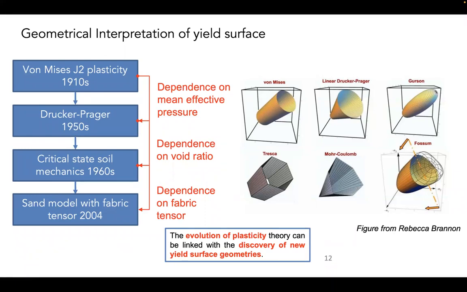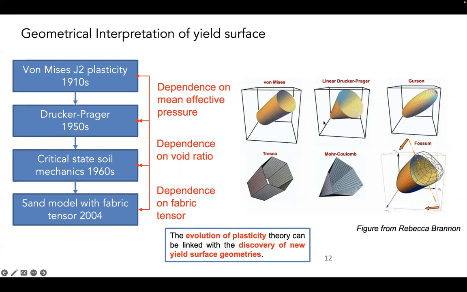And that circle doesn't change its radius. What that physically means is that von Mises is independent of the pressure. As I move along the 1, 1, 1 axis, I simultaneously increase the same amount of pressure, or principal stress, and along that axis the radius is the same, meaning it is insensitive to pressure.